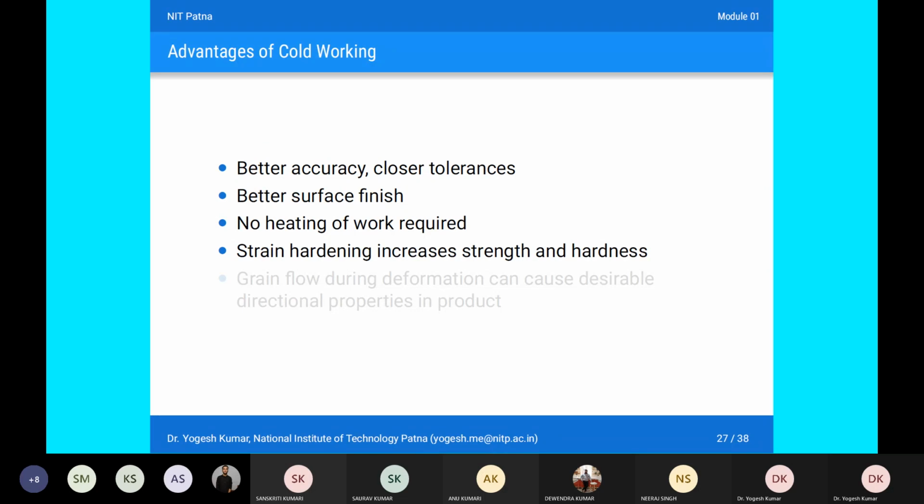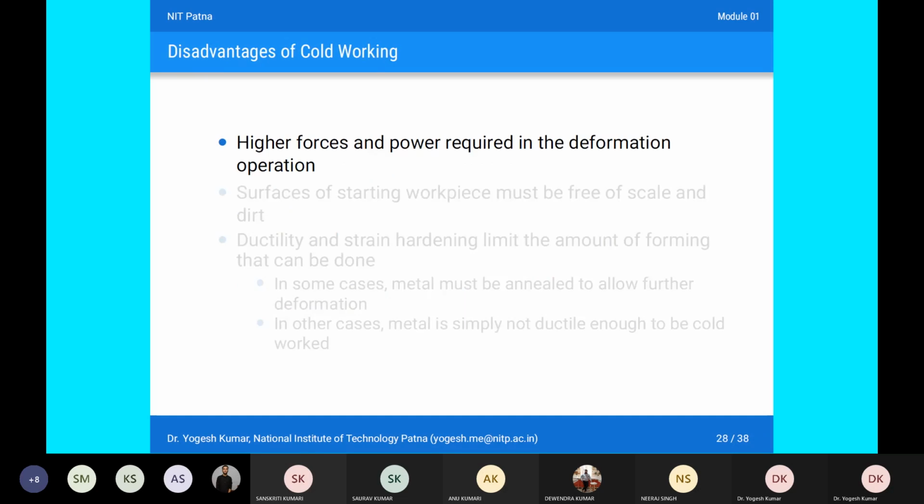Okay. Then next advantage, grain flow during deformation can cause desirable directional properties. So you can say it is again the improvement in the mechanical properties of your final product.